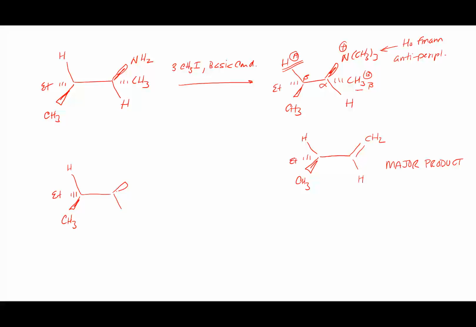And so now I need to rotate this group, the right-handed carbon, around so that I put the NCH3 plus group anti-periplanar to that hydrogen. So I'm going to rotate the nitrogen group down, rotate the hydrogen up to the methyl, rotate the methyl into where the nitrogen group was. So that's what I'm going to get if I rotate that around.